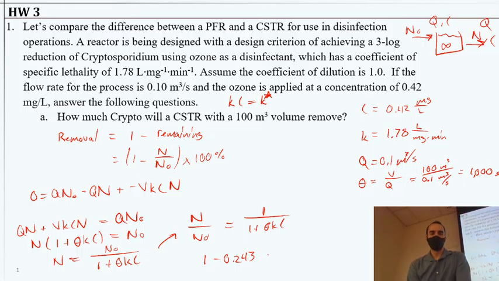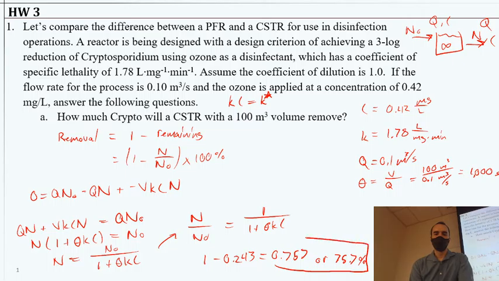And that's going to give us a removal of 0.757, or 75.7%. Okay. So hopefully that was relatively straightforward.